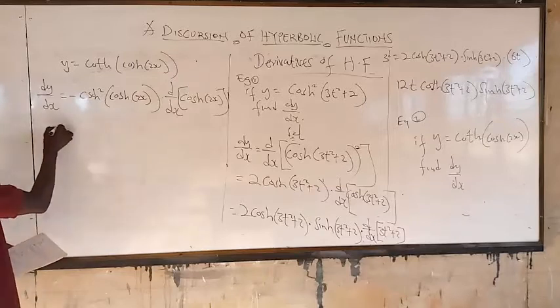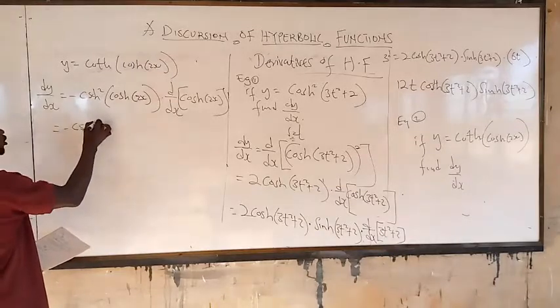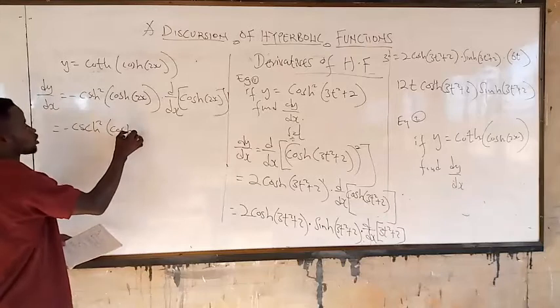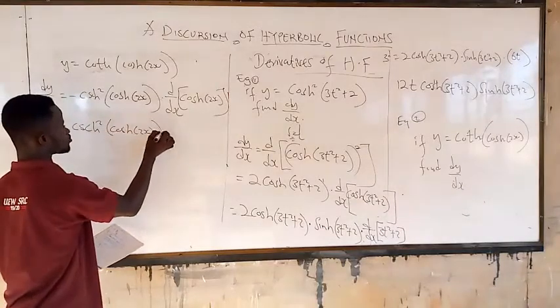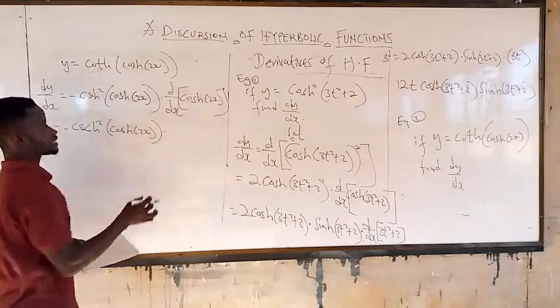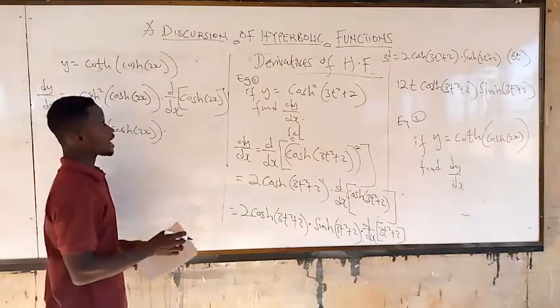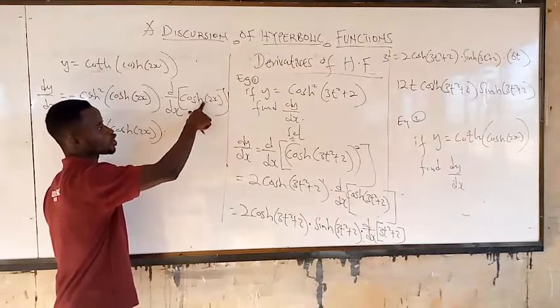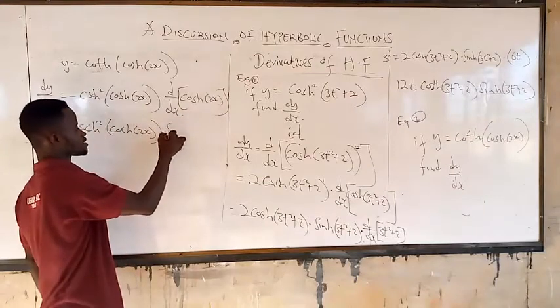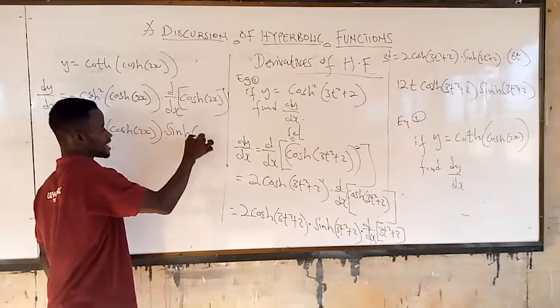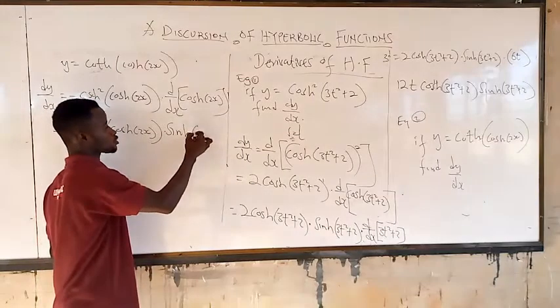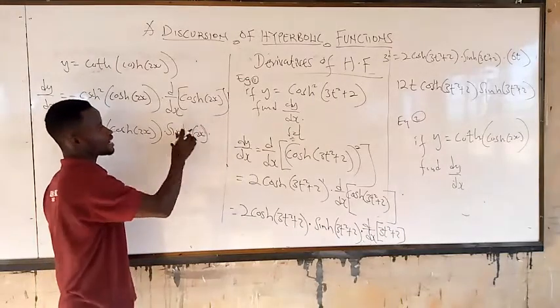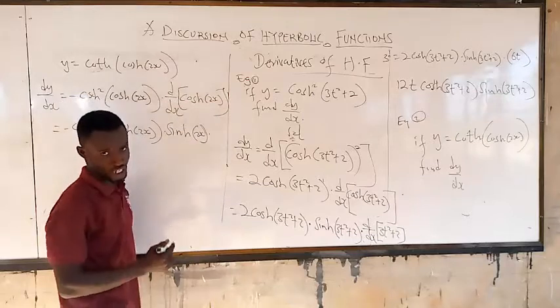So here you get negative cosec square cos 2x. Then the derivative of it. You know that the derivative of cos s is negative sin s, and the s now is 2x. Then the derivative of the inside, this is a chain.